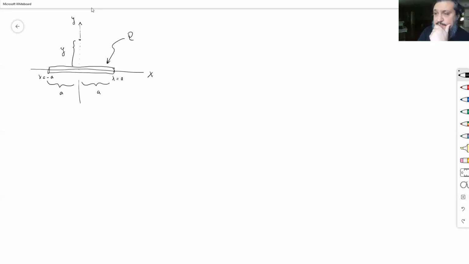So here's the plan. 1, find the electric field at point P. Let this be point P. Using integration.